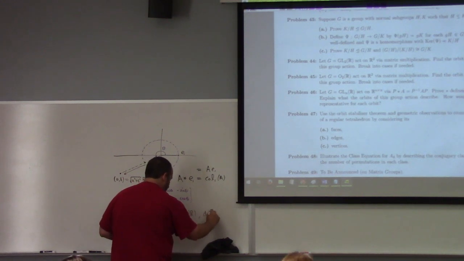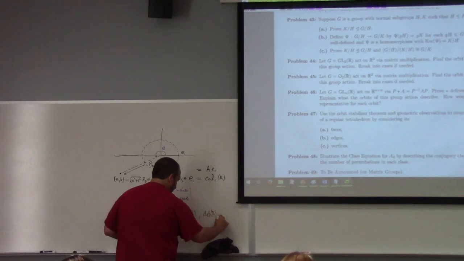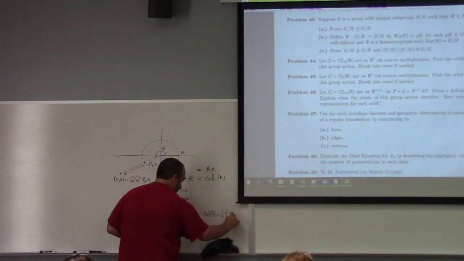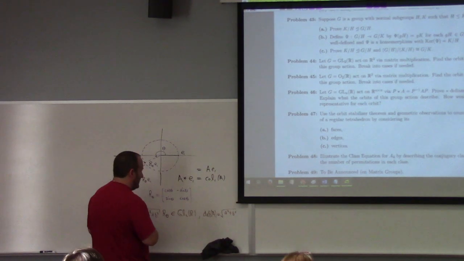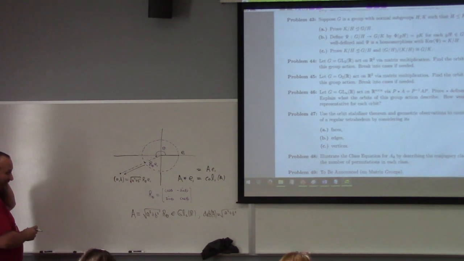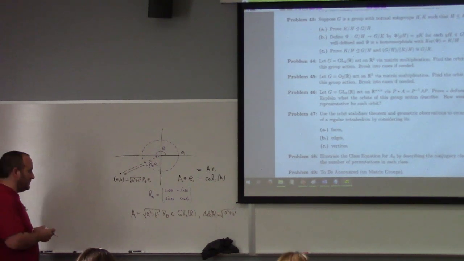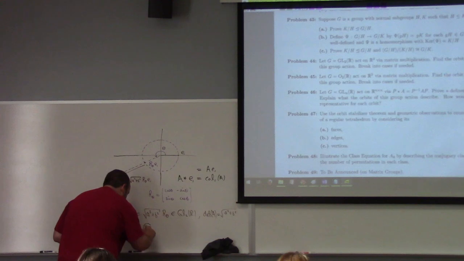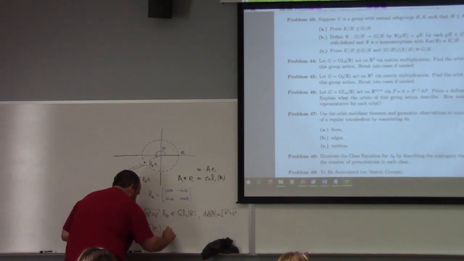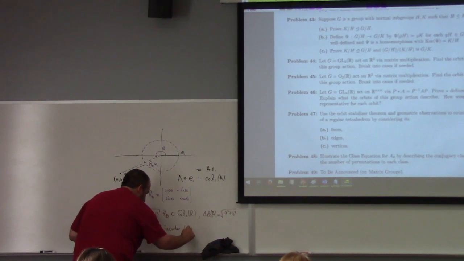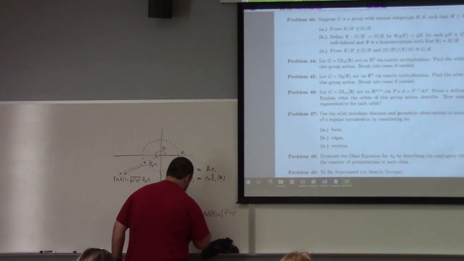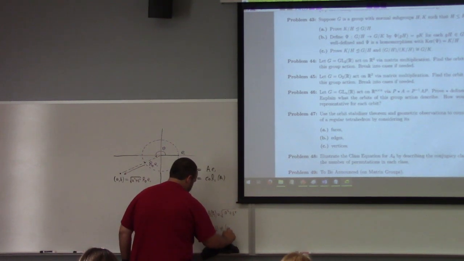And indeed, the determinant of A is equal to the square root of a squared plus b squared if you work it out. But I would point out that this shows you that the orbit of E1 includes (a, b) for (a, b) not equal to (0, 0).